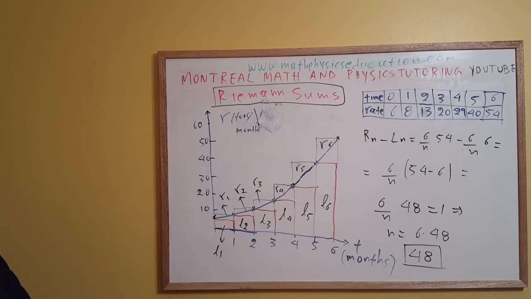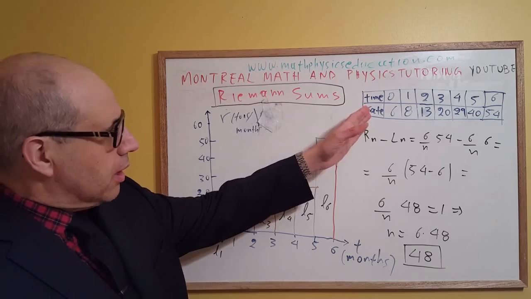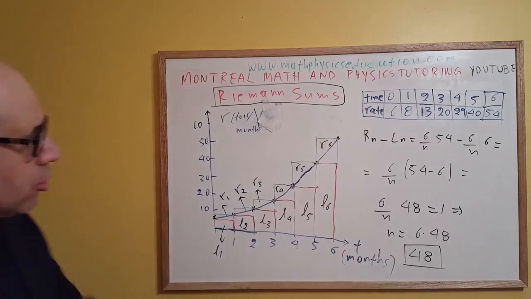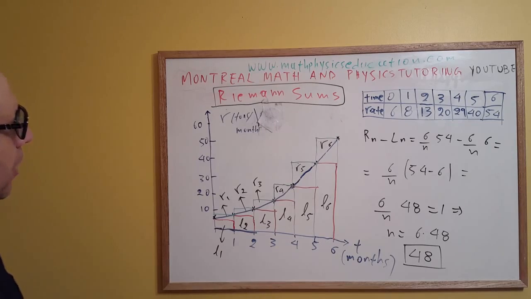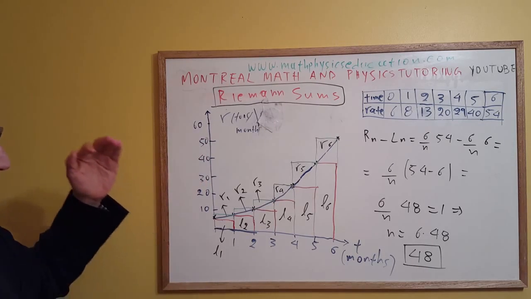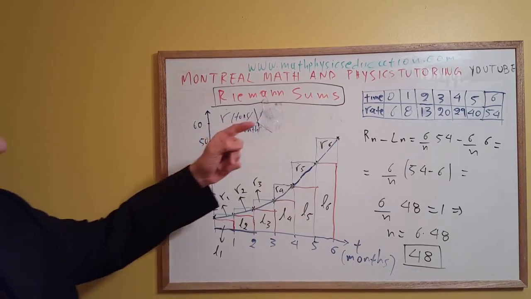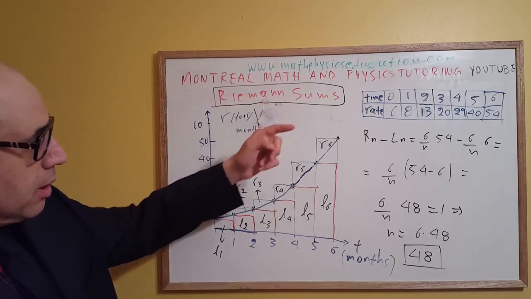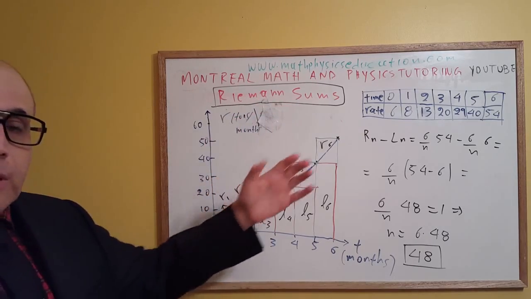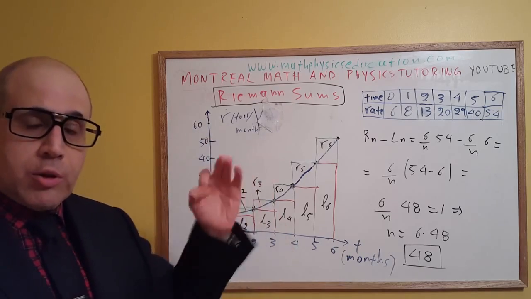Again, the time is in months and the rate of emissions is in tons per month. We're trying to find how often we should measure the pollutants in order for the difference between the overestimate and the underestimate to be exactly 1 ton.